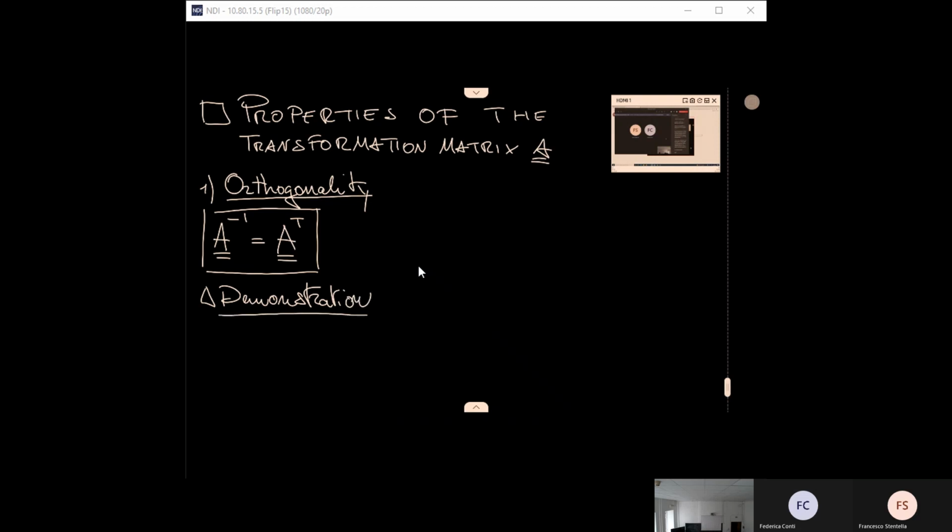So first, some observations. I don't know if you have noticed it, but when you deal with a skew matrix, like, for example, the v tilde that we have introduced, you have the following.